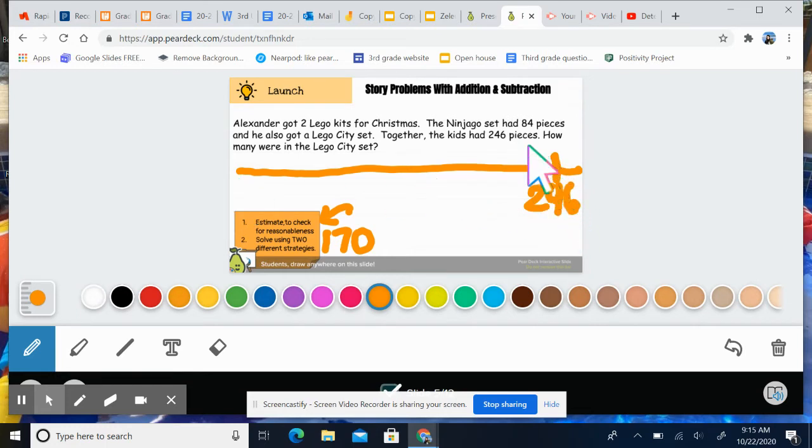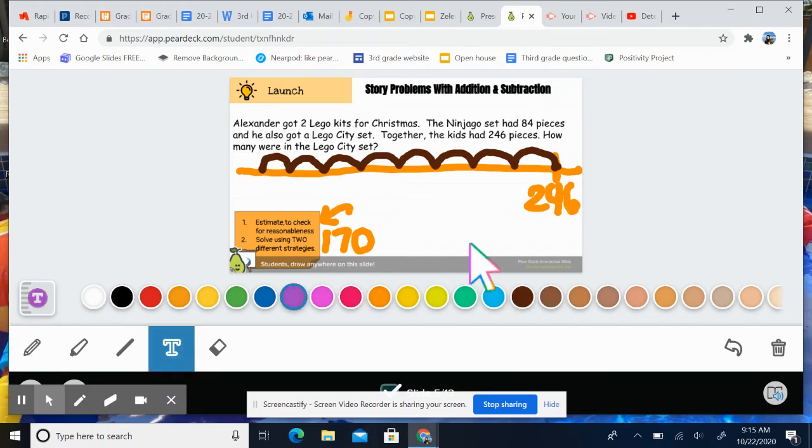So now I have to count backwards 8 times by tens. So I'm going to do 1, 2, 3, 4, 5, 6, 7, 8. Now I will use my text box. And this is where it gets a little tricky to count backwards. So if it's 246, you type in your answer there.